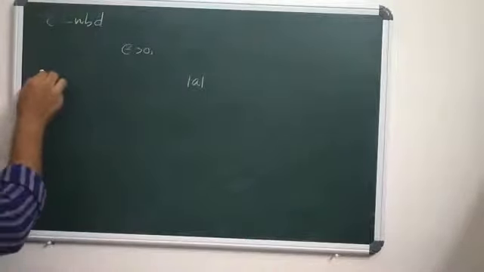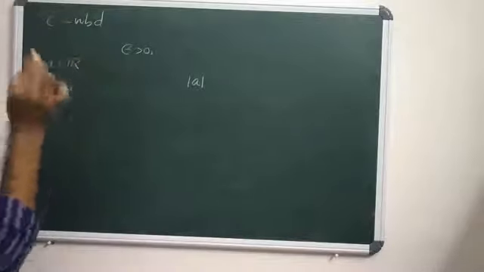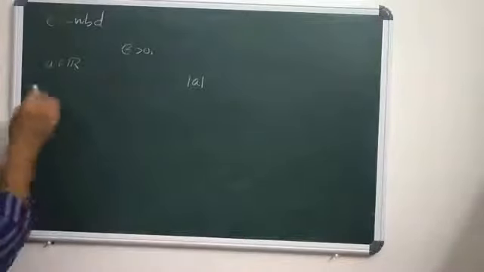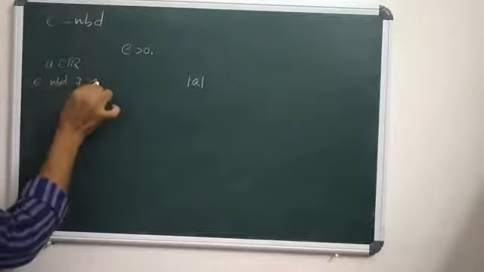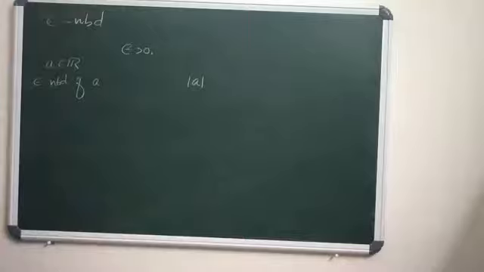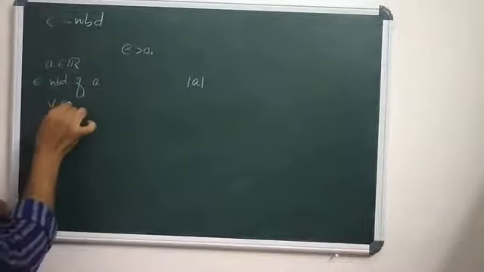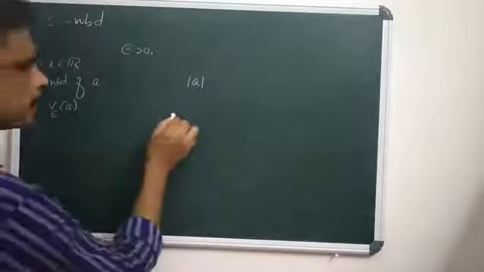Now consider, let A be any real number and epsilon positive. Then the epsilon neighborhood of A is denoted as V epsilon of A. So, consider the real line.